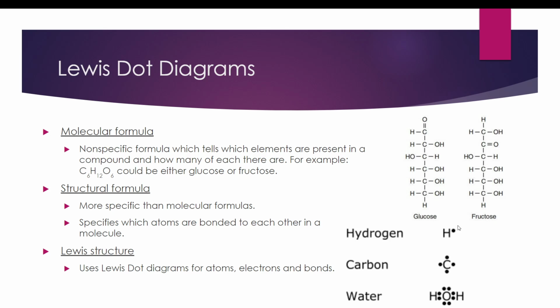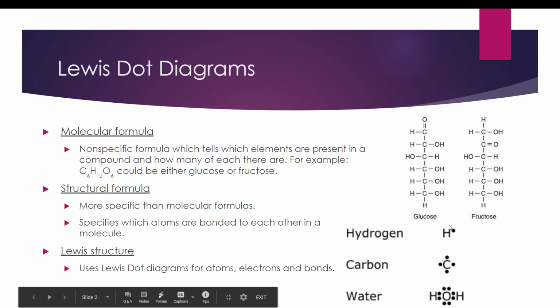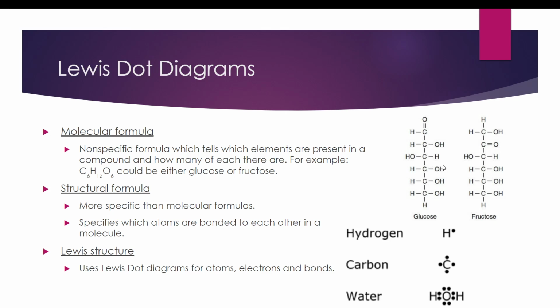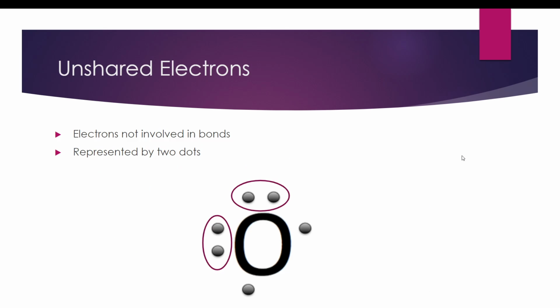This is where our Lewis dots normally are. We've been doing dots this whole time, and we're going to get away from that, because it's going to be easier and cleaner for us to draw them using dashes instead. We're also going to cover this idea that there are unshared electrons.